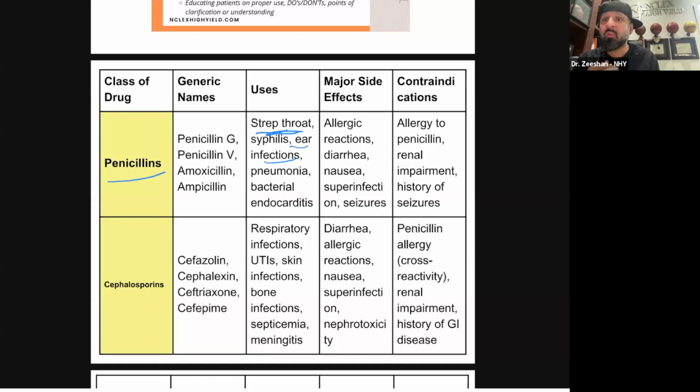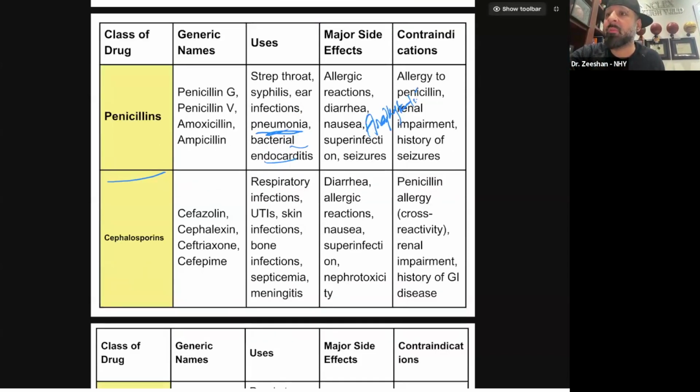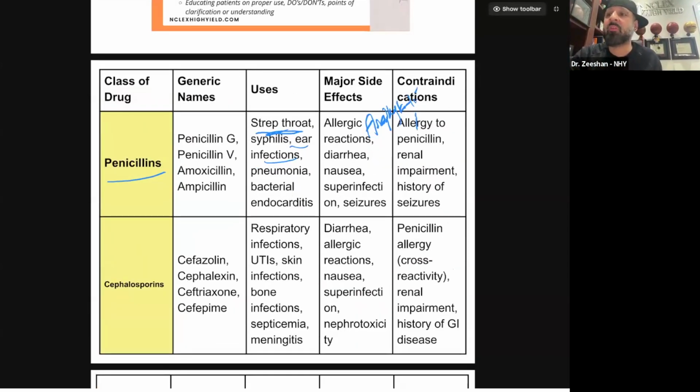Penicillins not only cause an allergic reaction, they can cause an anaphylactic reaction. The fact that they can cause anaphylaxis means that it's life-threatening.